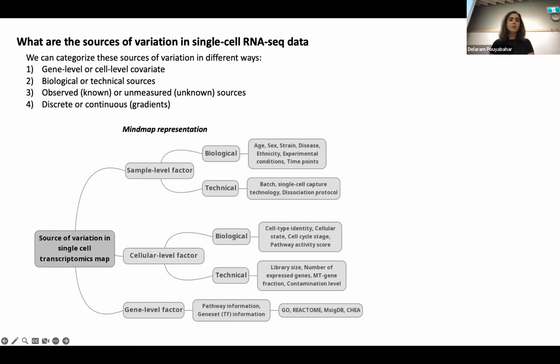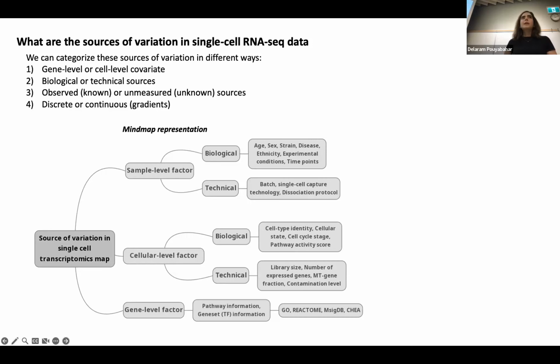But sometimes some of this information is just unknown. So for example, you might not know the cell type identity of the set of cells that are included in the sample. And another way to look at this is whether or not these covariates are discrete or continuous.